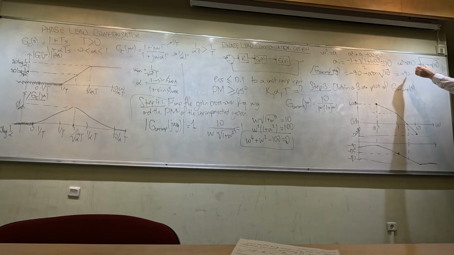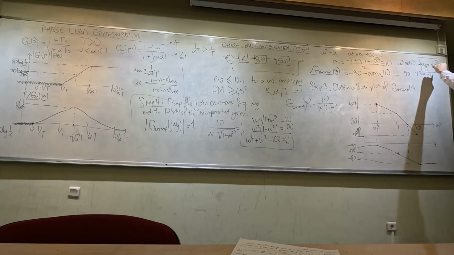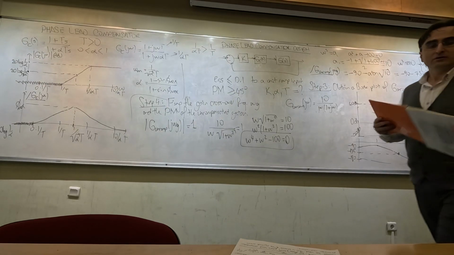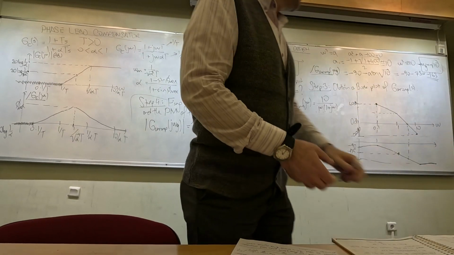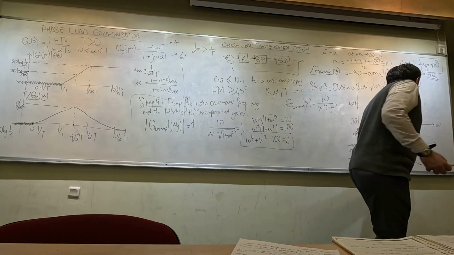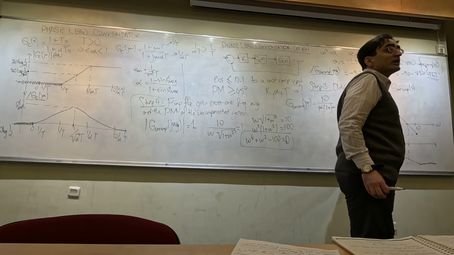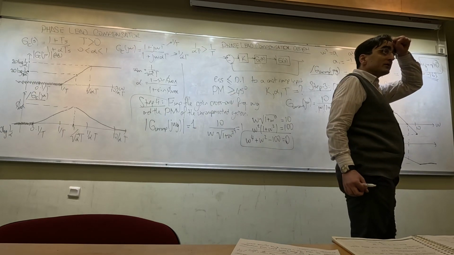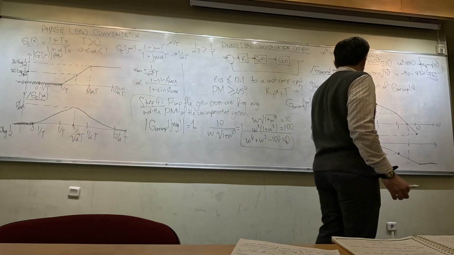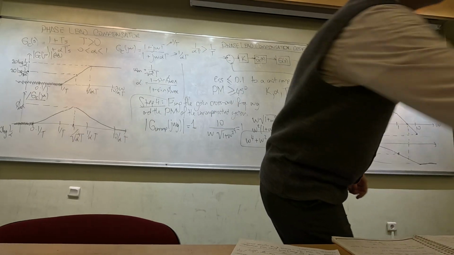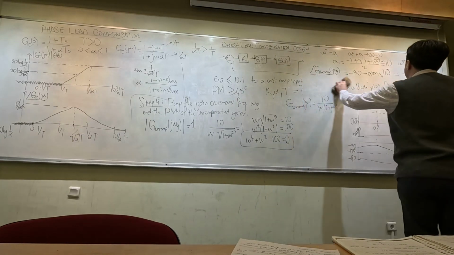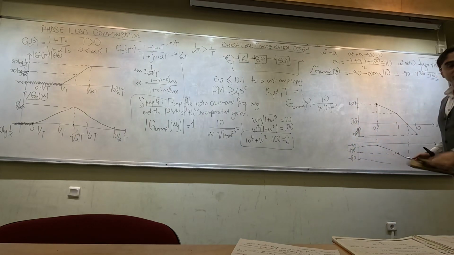This gives me minus 163 as the phase of this transfer function. So this point here is approximately minus 163. What is the phase margin of the uncompensated system? 17. Yes.